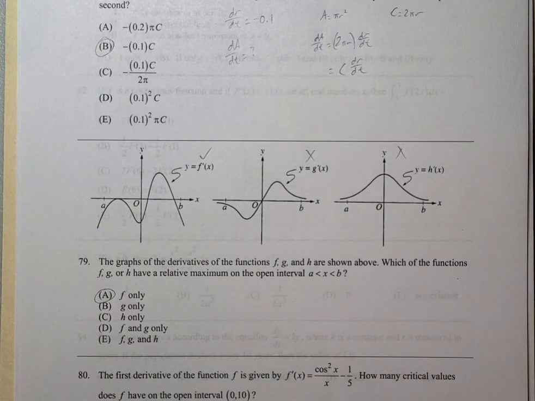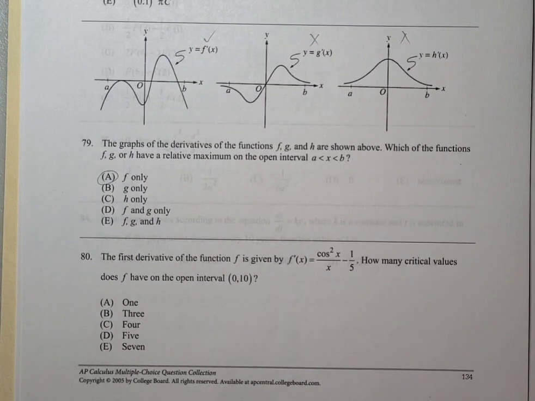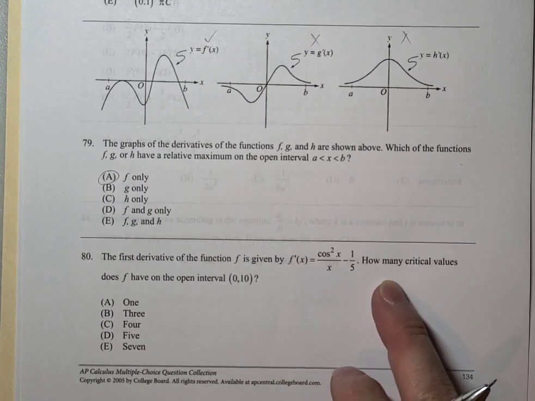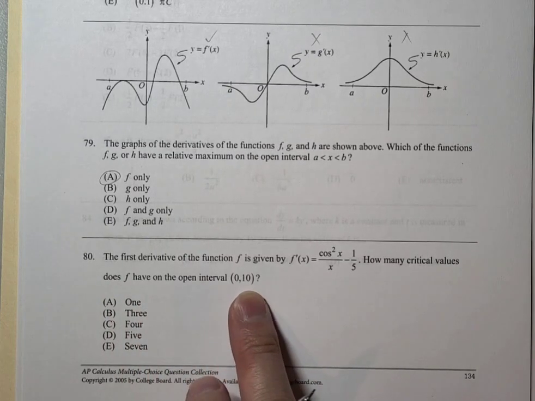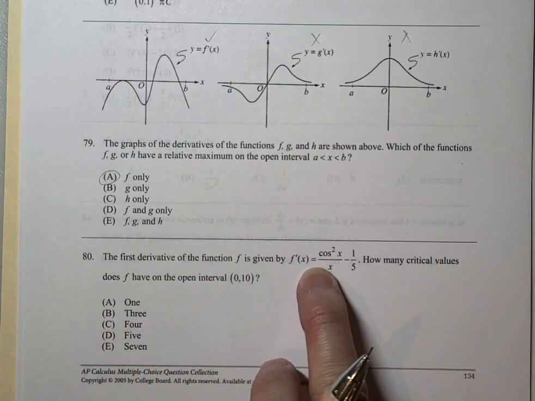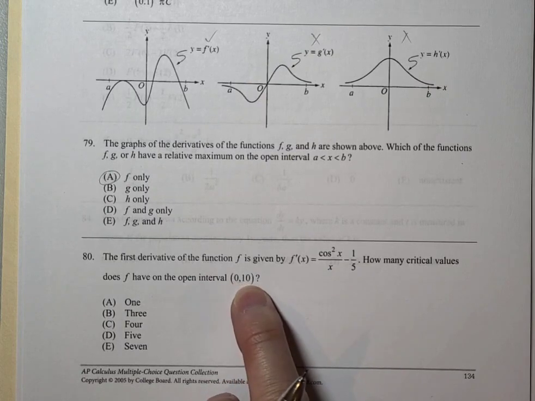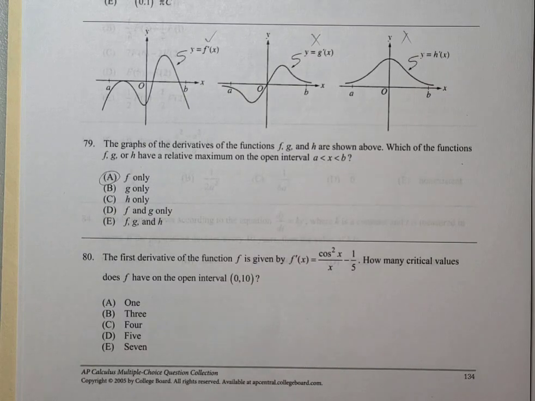As simple as that. The first derivative of a function is given by this guy. How many critical values does f have on the open interval 0 to 10? So we just graph this on our calculator from 0 to 10 and see how many times it changes sign, or touches 0 and changes sign. We'll see, maybe it's trying to trick us. So let me graph that again real quick.